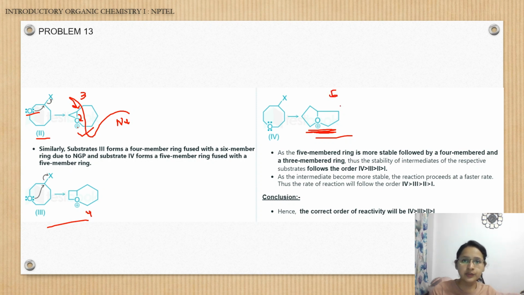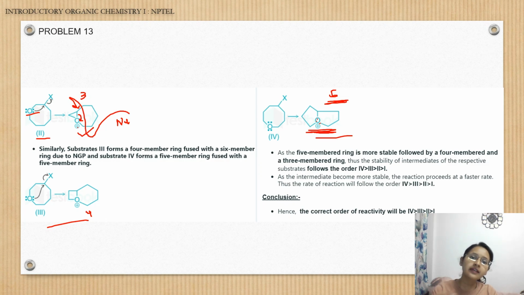So I have told you the five membered ring is the most stable ring. So that is why the stabilization on the carbocation at the fourth entry is very high. If the stabilization of the carbocation is high, the probability of the nucleophilic attack is very, very high, right?